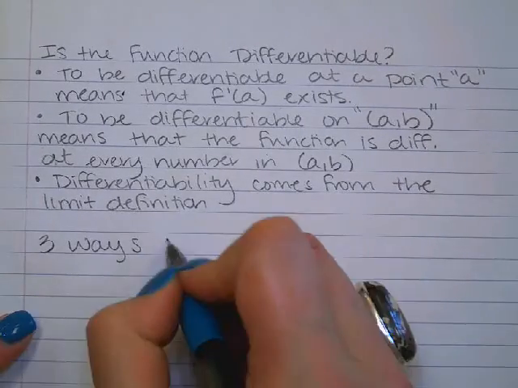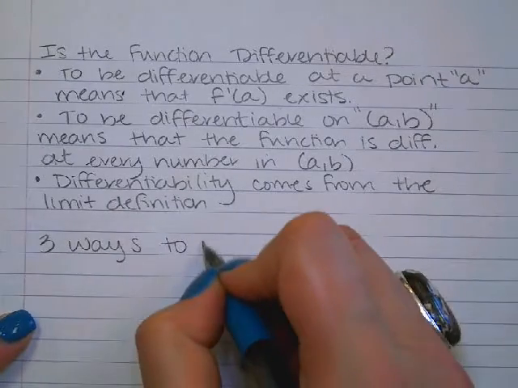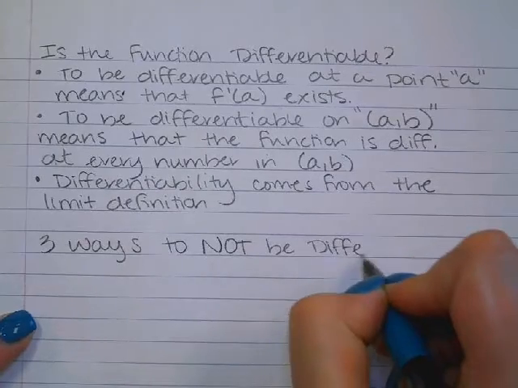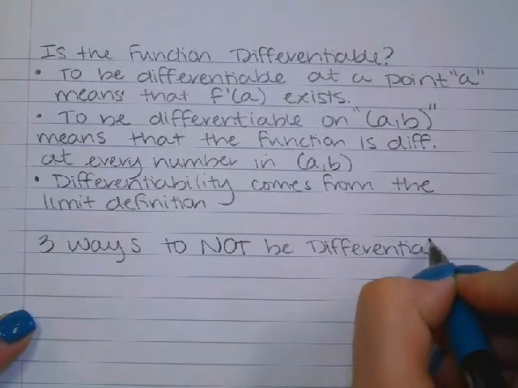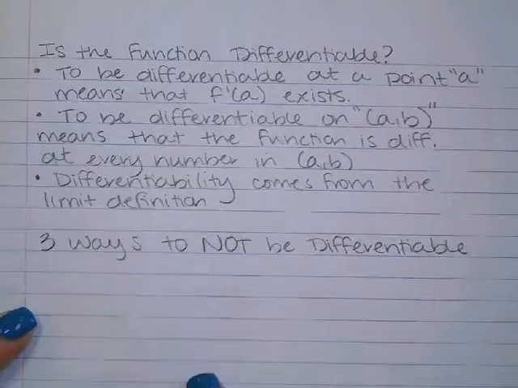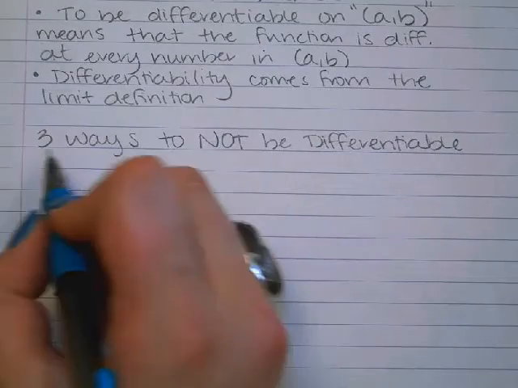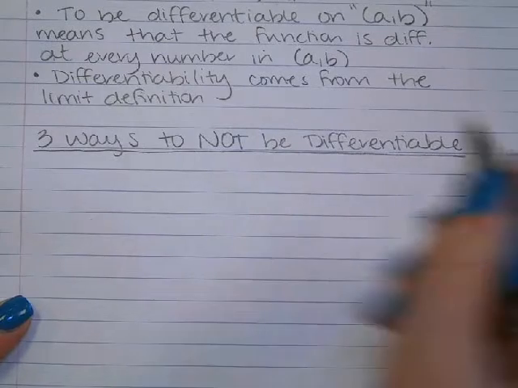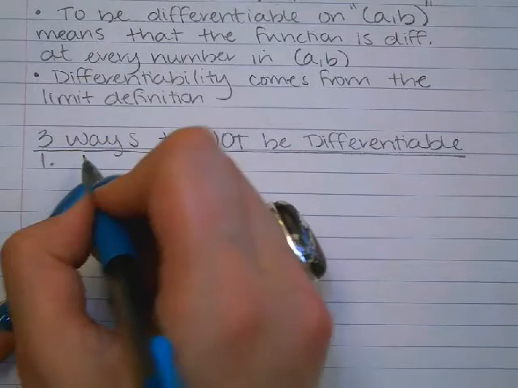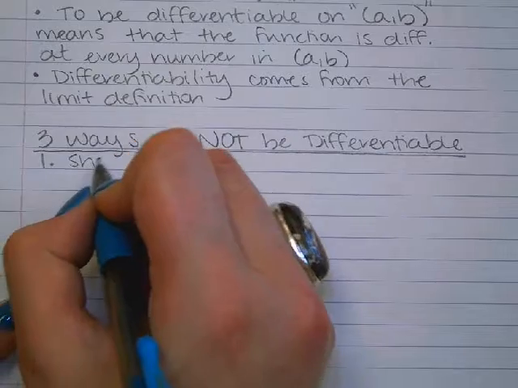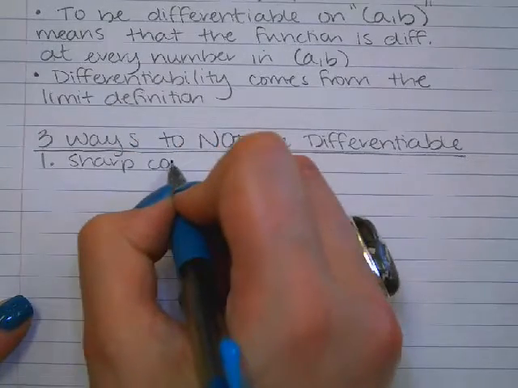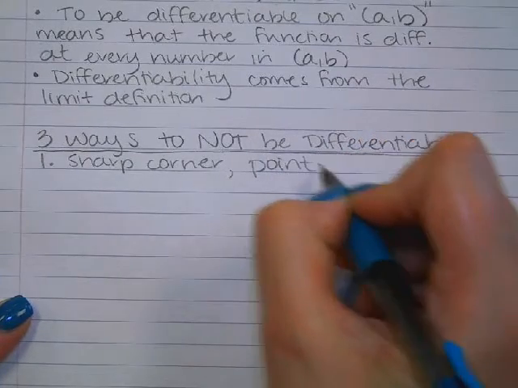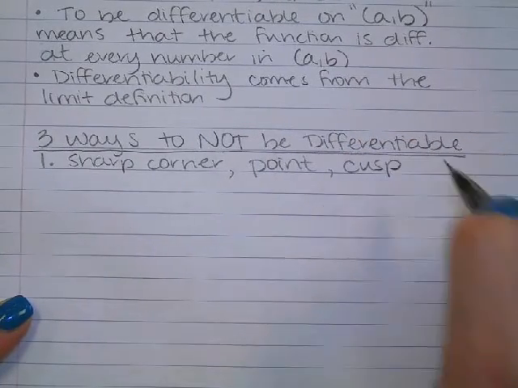All right, there are three main ways to not be differentiable. One is to see a sharp corner or a sharp point, or they call this a cusp.